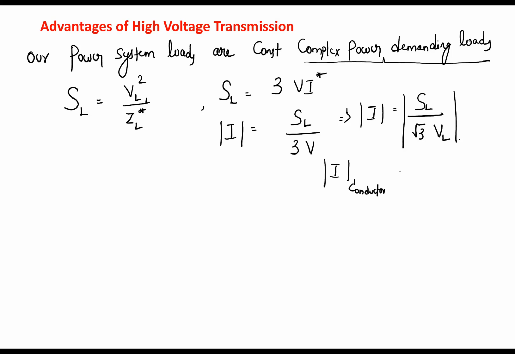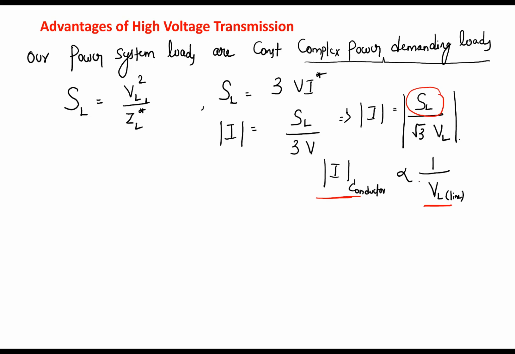by a conductor is inversely proportional to the transmission line voltage. Why? Since our load is a constant complex power demanding load, if I fix this SL constant, then the current flowing through the conductor is inversely proportional to the transmission line voltage.